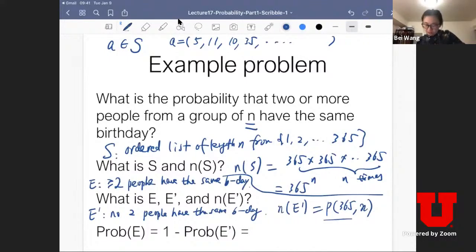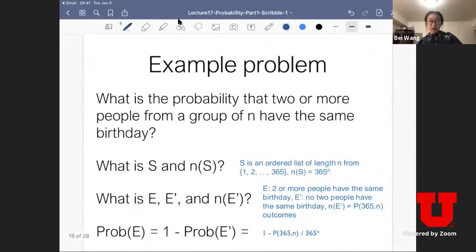So that is P of 365 choose n, okay? Now the probability of E is 1 minus the probability of E prime, which is 1 minus P of 365, n over 365 to the nth power. All right, this is written down in detail in this slide.